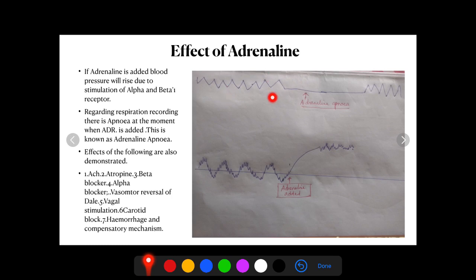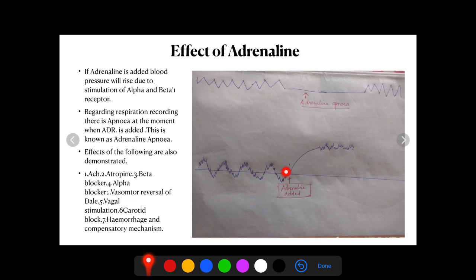Now these are the curves to see the effect of adrenaline. This is the respiratory recording, and this is the recording of the variation of the blood pressure. At this point, adrenaline was added through the femoral vein, and you can see the baseline is increased, the whole curve is elevated, so the blood pressure is increased.